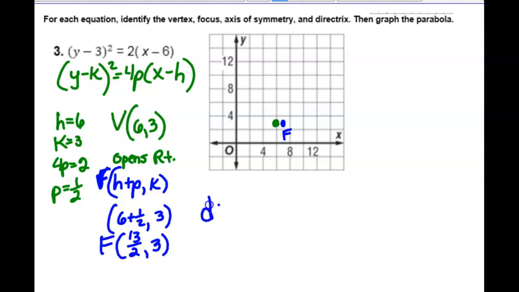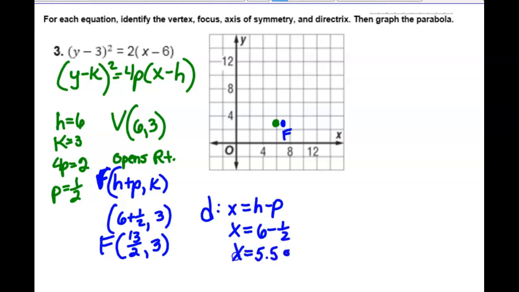The directrix, anybody come up with that equation yet? Oh, I did the... No, it's x equals h minus p, isn't it? Because it's opening sideways.